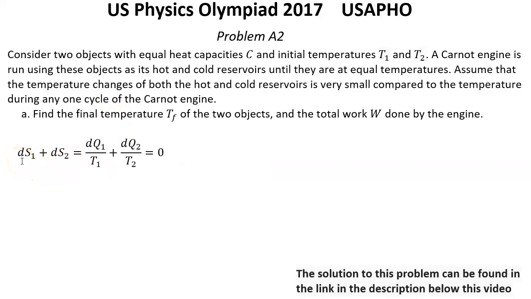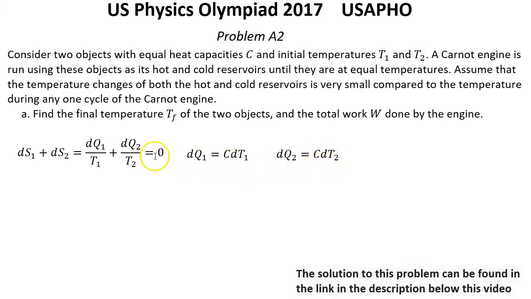So we have dS1 plus dS2 equal this expression, and this equals 0. And now, because heat capacitance is the same for both objects with the temperatures T1 and T2, we have dQ1 equal C dT1 and dQ2 equal C dT2.